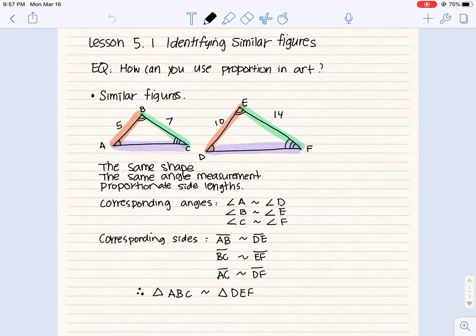Now, just to recap, we talked about similar figures having a couple of different characteristics or must-have items.